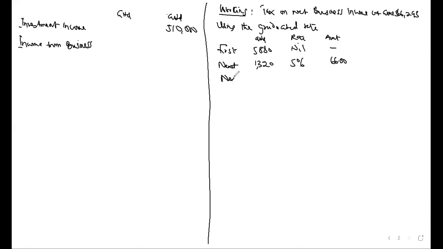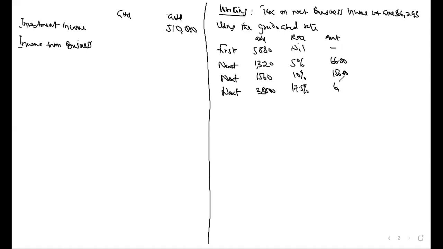If you know them in your head, you won't struggle referring to the one given to you. This is the current one we are using, so this is the one they will give you. The next 1,560, the rate is 10%. This is 156. Followed by the next 38,000, the rate is 17.5%.